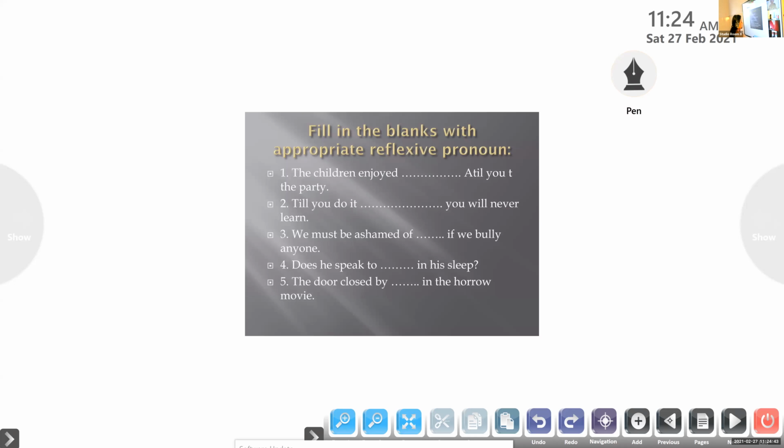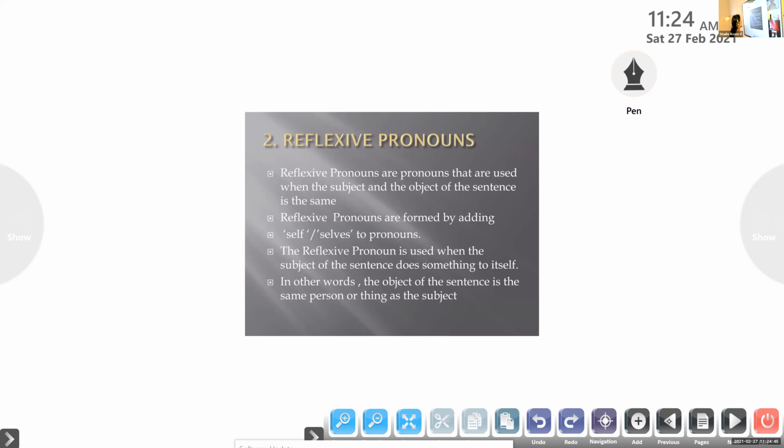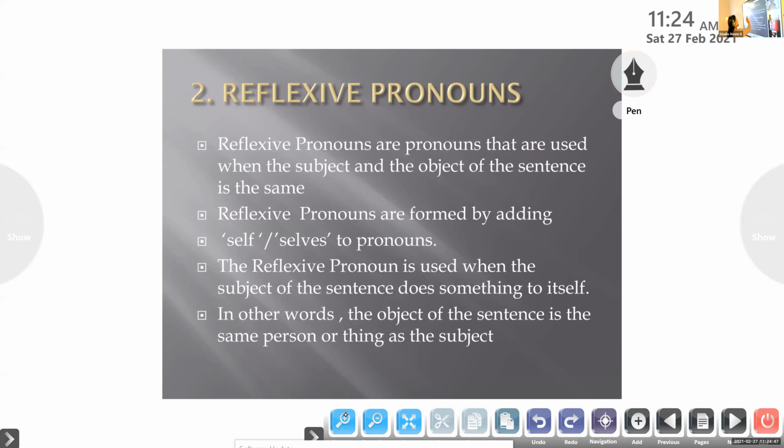Now let's move on to the reflexive pronoun. Reflexive pronouns are pronouns that are used when the subject and the object of the sentence are the same. Reflexive pronouns are formed by adding self or selves to the pronouns.